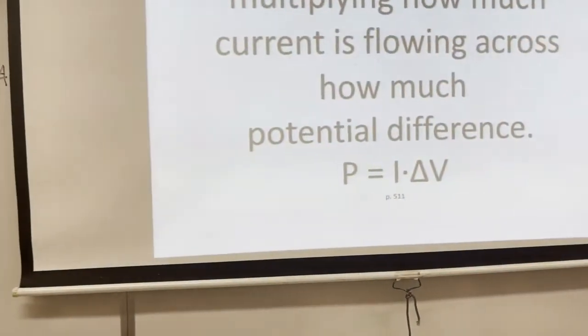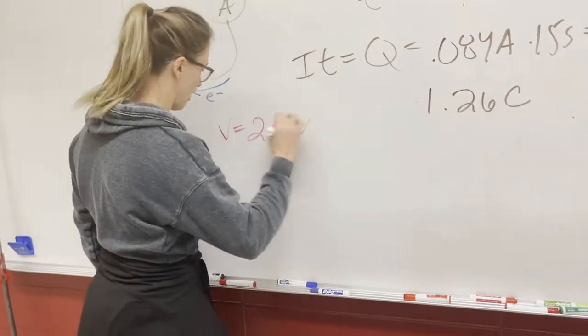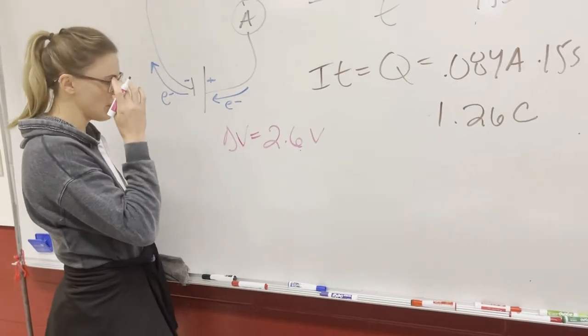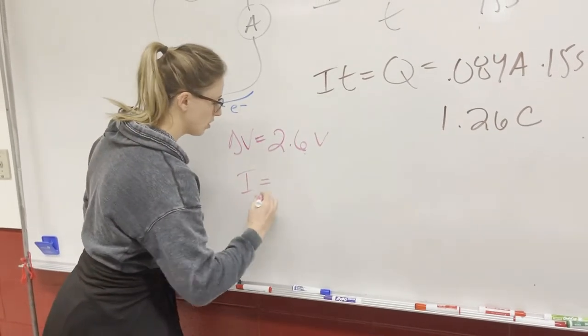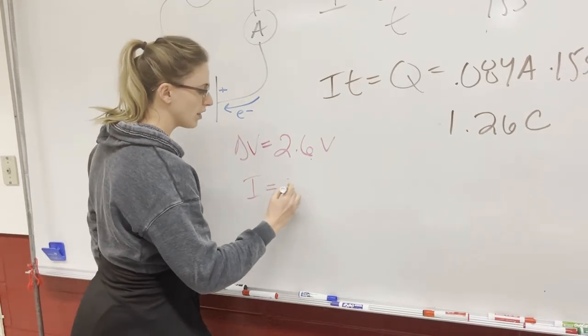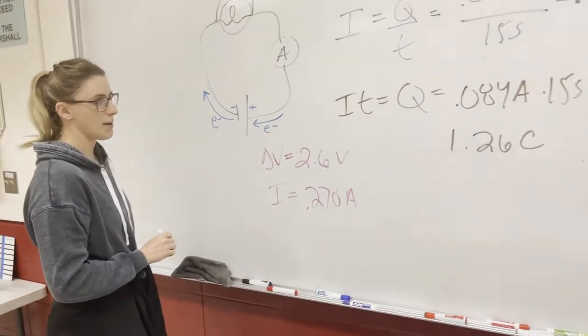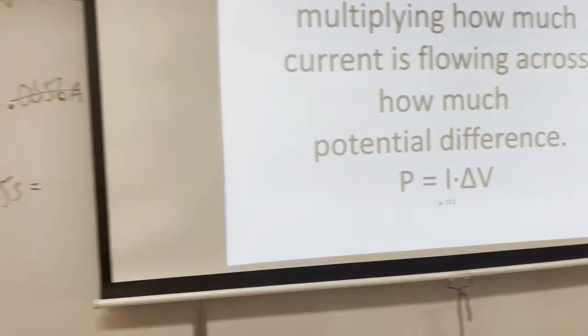Okay, so our delta V was 2.6, and our amperes were 0.270 amps. If I want to get power, I just multiply them.